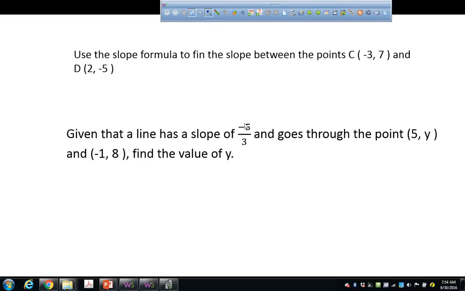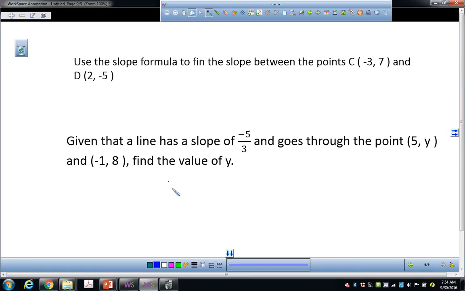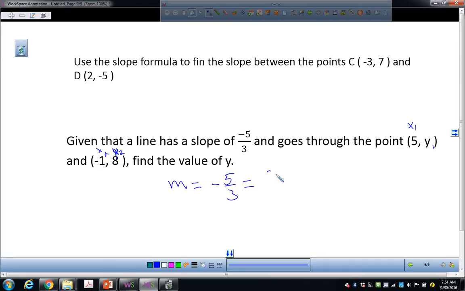You know that the slope is equal to -5 over 3, and that's equal to, I'd call this y2 and x2, and call this x1 and y1. So you could set up a little equation that says 8 minus y over -1 minus 5. Follow what I just did?